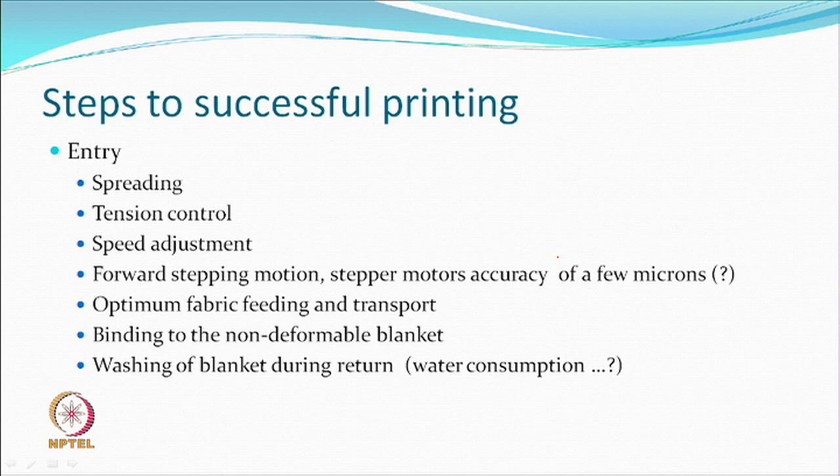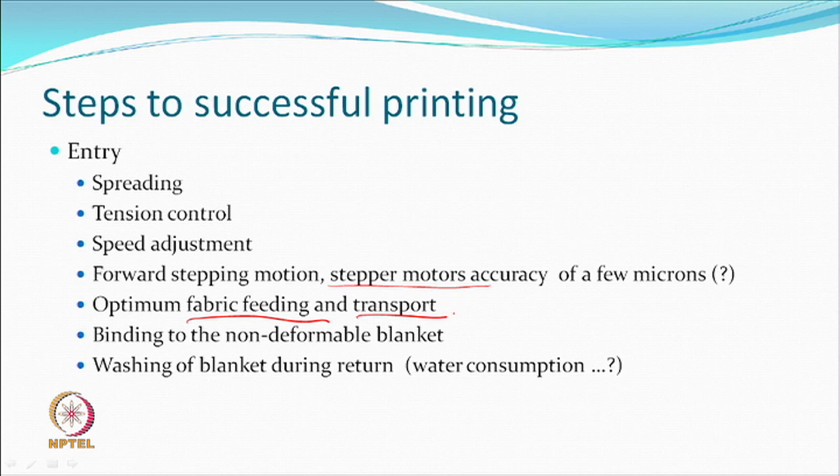As we said, intermittent. So, you have a stepper motor system. So, motors will move in steps, so that the fabric to be printed also moves in steps. So, this ensures that the feeding of the fabric and the transport is controlled.